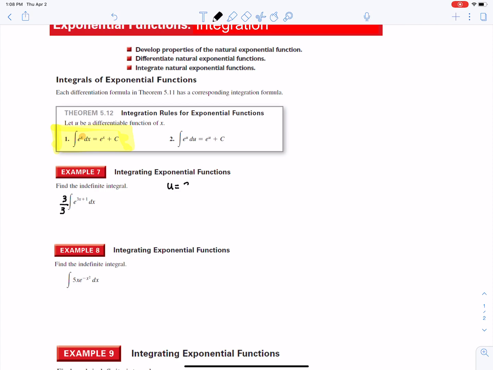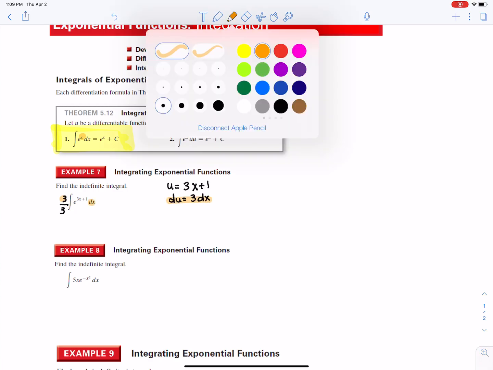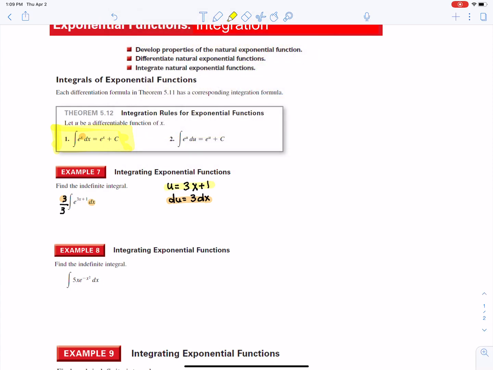So I'm going to let u equal 3x plus 1. My derivative with respect to x is 3, and I multiply both sides by my dx. So du becomes 3 dx, and u becomes 3x plus 1, so my integral becomes 1/3.